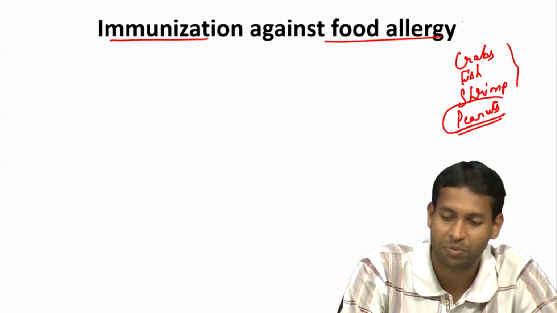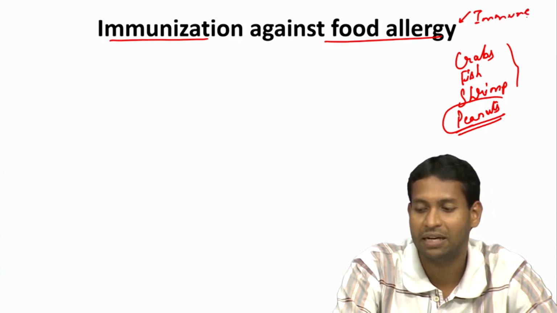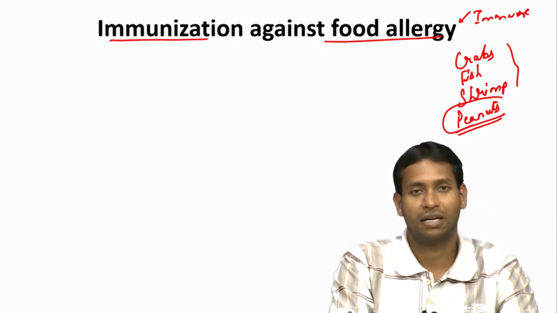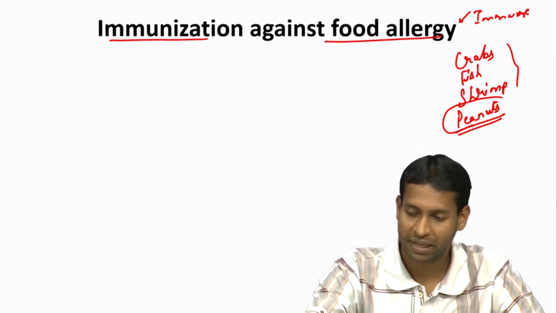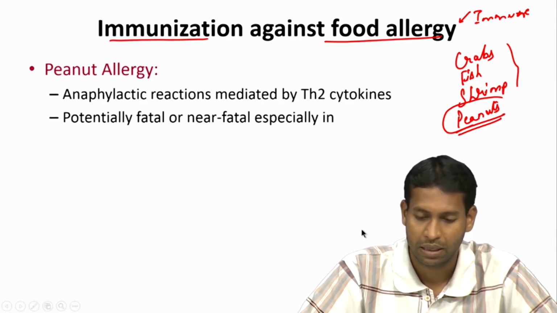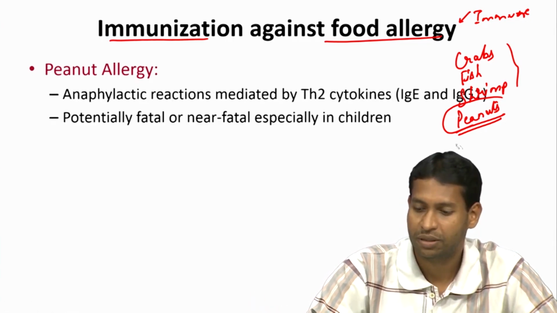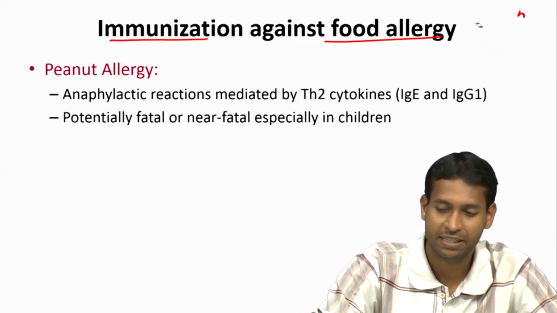Obviously, since it is allergies, it is some response of the immune system. So, can we then train our immune system to not cause allergies when we intake these food materials? As I said, we will focus on peanut allergies for this example.